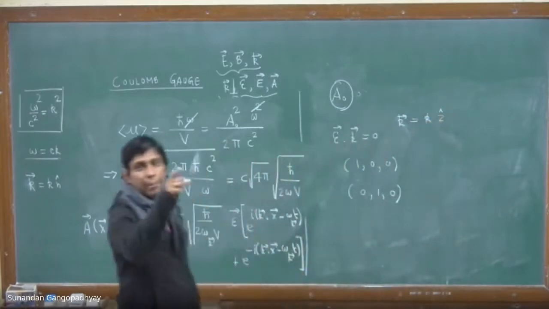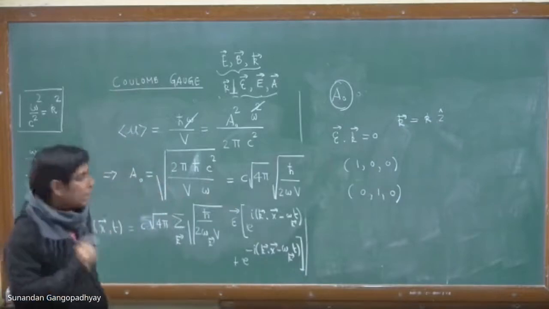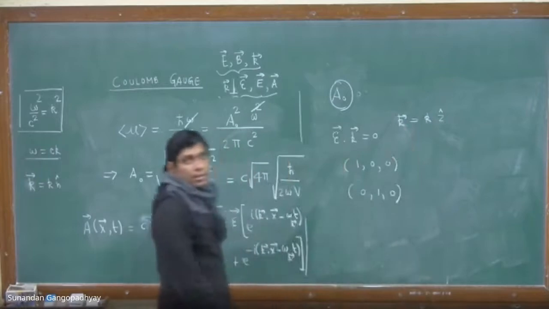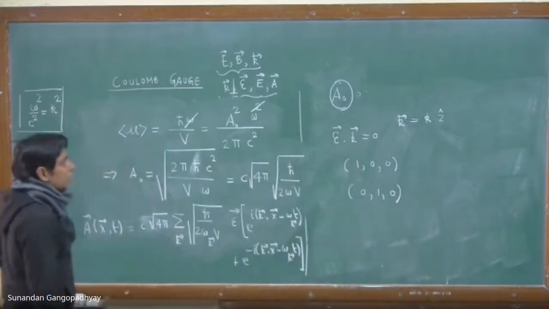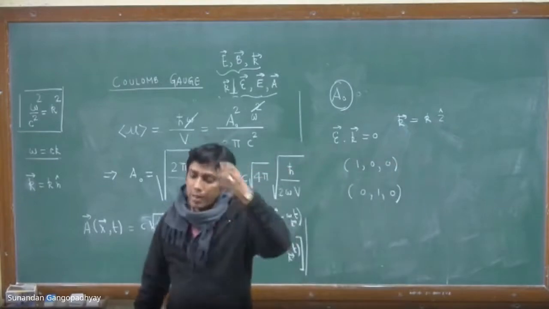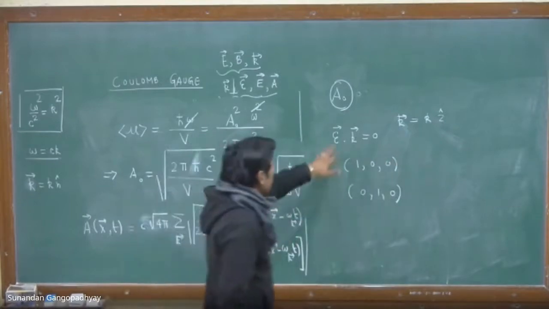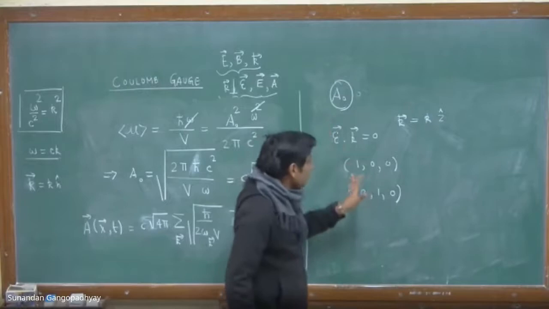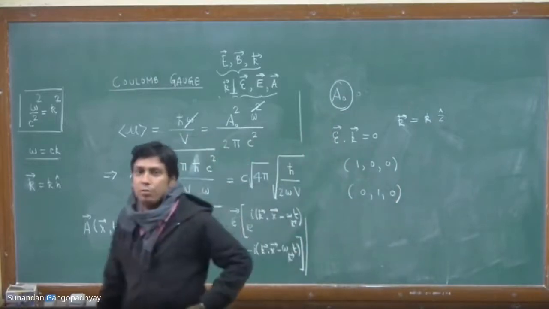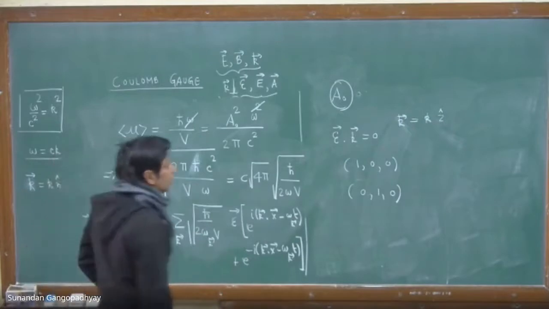Usually we write k cap for the unit vector along the z direction, but since there are too many k's, I'm writing this as z cap. So if the electromagnetic field is propagating along the z direction, you can take the epsilon vector to be (1, 0, 0) or (0, 1, 0). These are unit vectors orthogonal to the k vector.